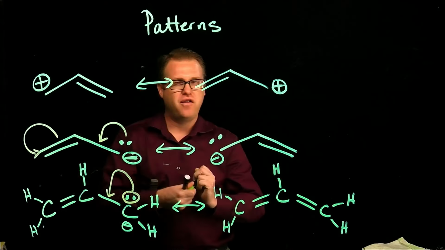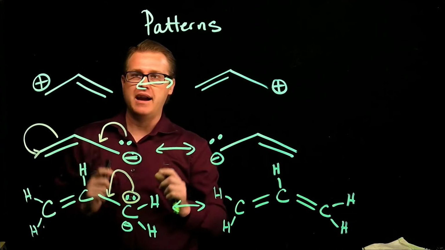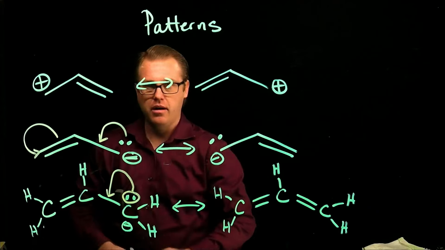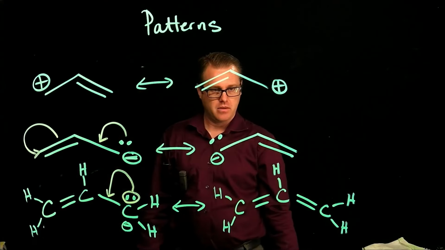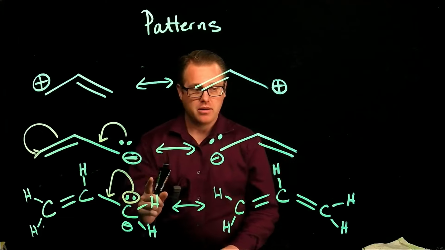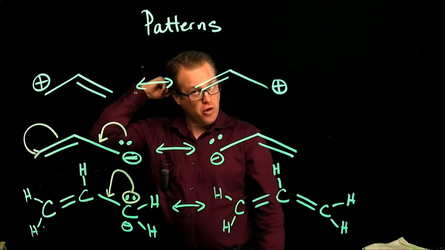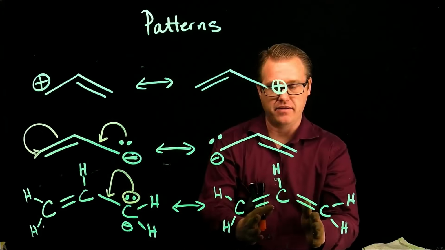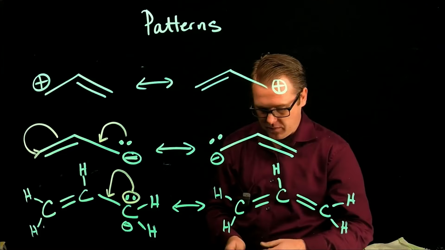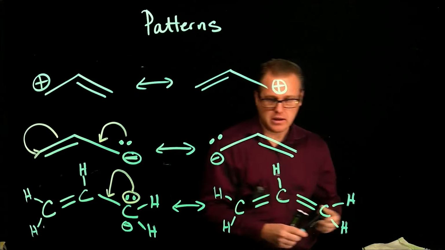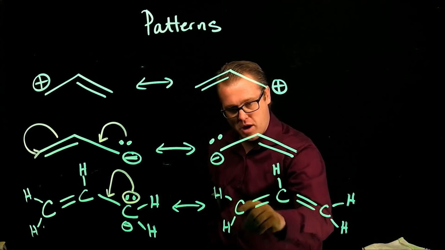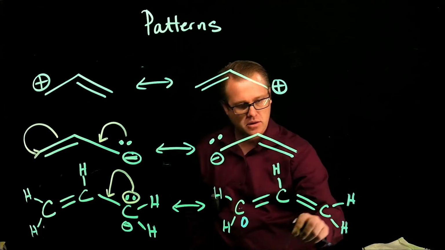I am just following what the orange arrow says to do. It says take the lone pair, move it there. That's what I did. But is that correct? Well, remember, you have to calculate the formal charges at the end of it. So when I go and I look at this, let's see if we can do it blue. What's the formal charge on this carbon? This carbon has 4 bonds, so that's a formal charge of 0.